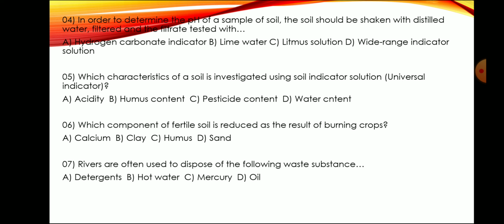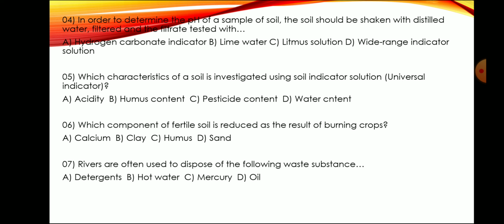Next question is: which component of fertile soil is reduced as the result of burning crops? The options are A, calcium, B, clay, C, humus, and D, sand. So the correct answer is humus.